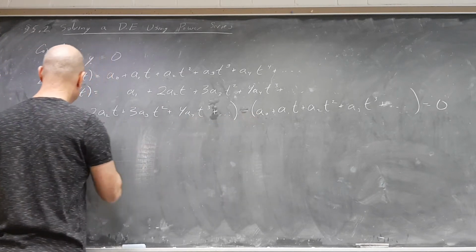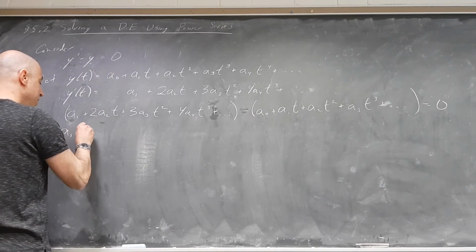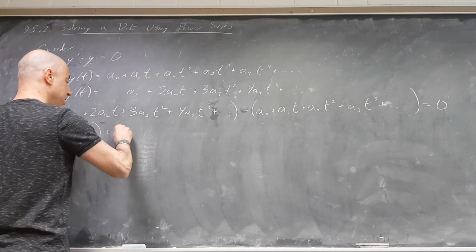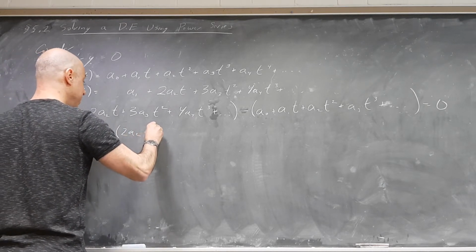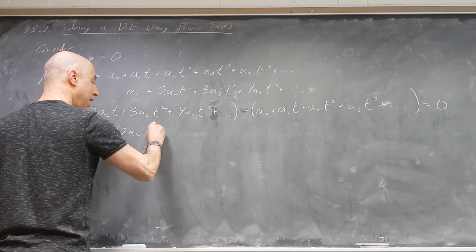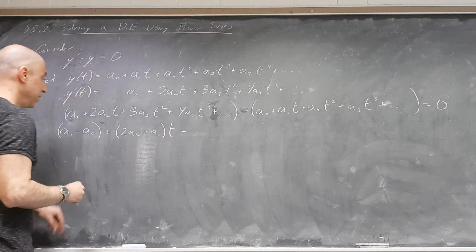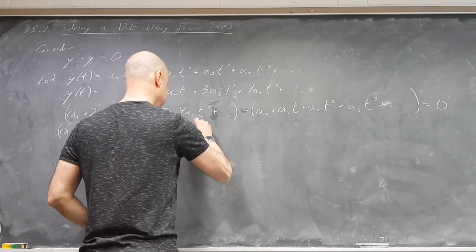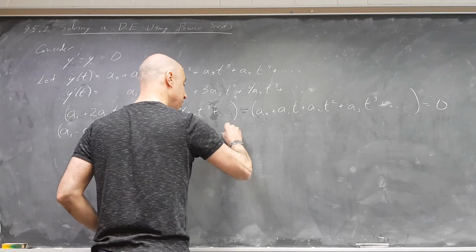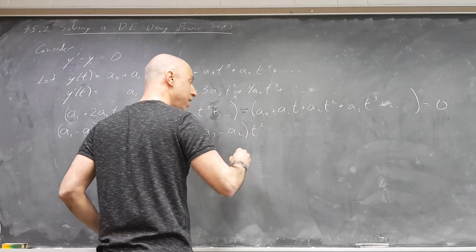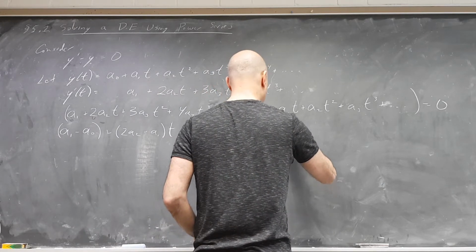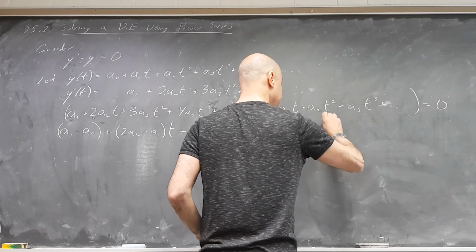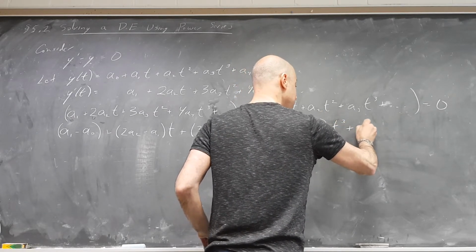We have a1 minus a0, plus 2a2 minus a1 times t, and then we have 3a3 minus a2 times t squared, and we have 4a4 minus a3 times t cubed, plus, and so on.